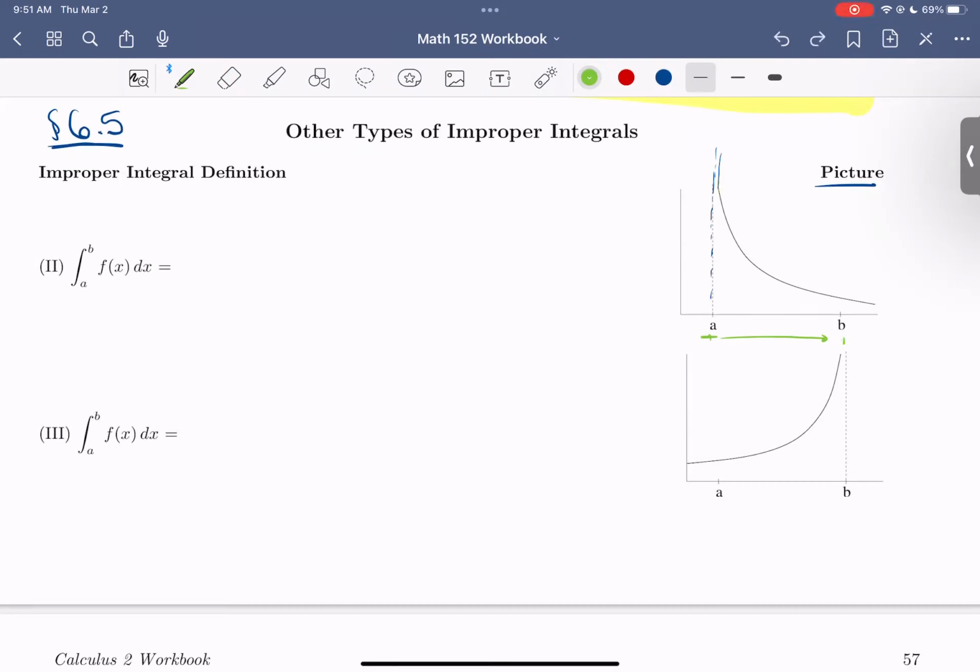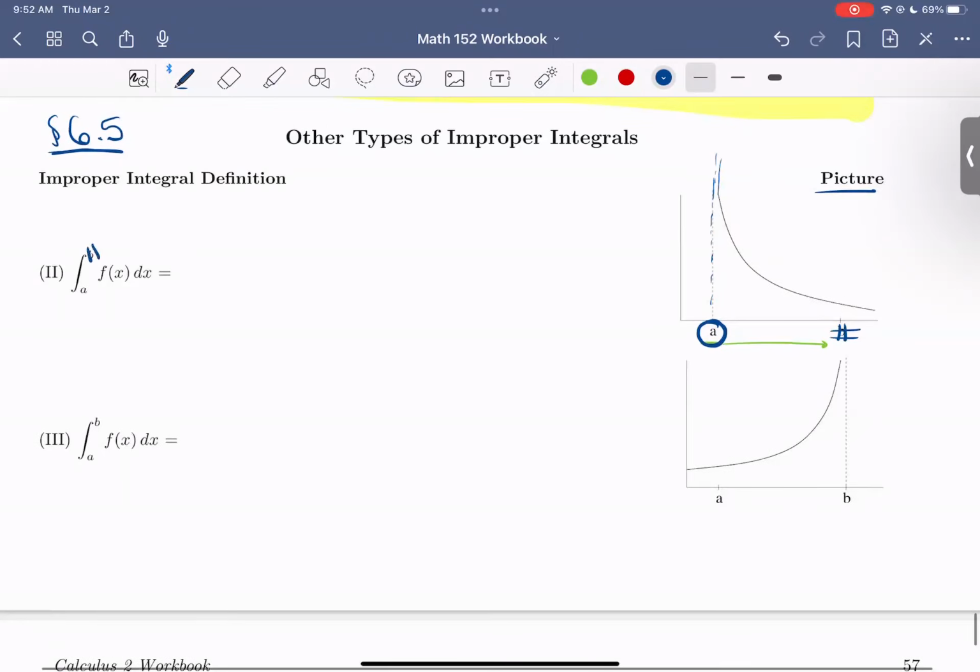Okay, so how do we handle situations like this? Well, in this case, A is going to be that letter or bound that we need to take a limit of. So we actually rewrite this as follows. I'm going to rewrite B as a little hashtag or number symbol so that we know that B is the not-an-issue bound.